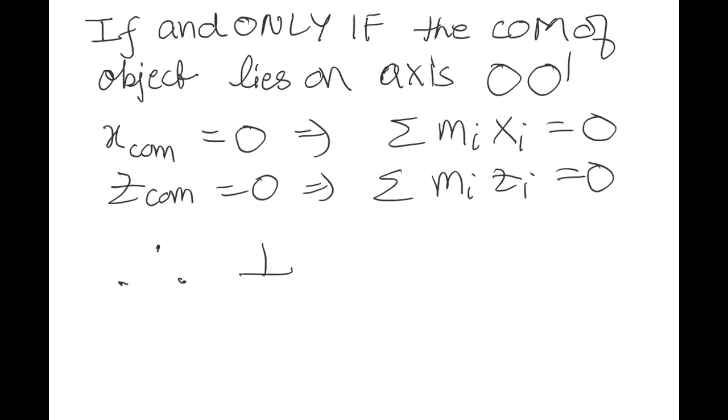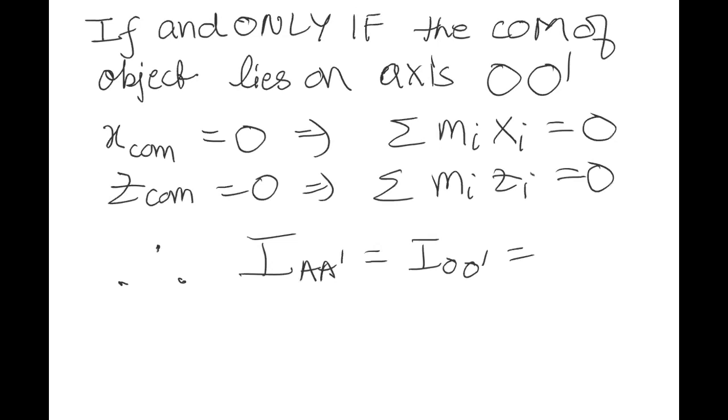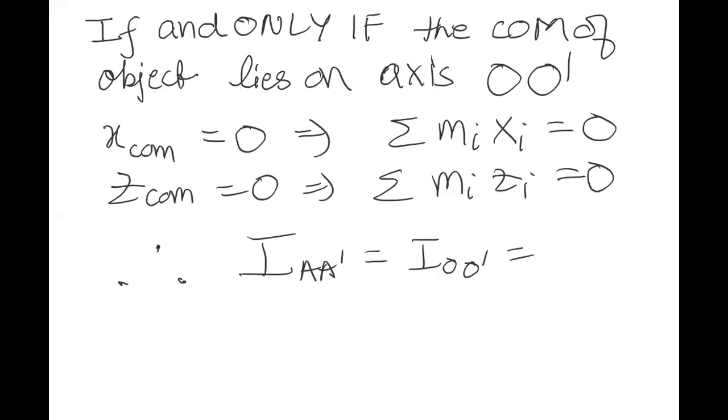Therefore, I dash will be equal to I O dash plus mh square. So I would like to write this like so: I AA dash is equal to I COM plus mh square.